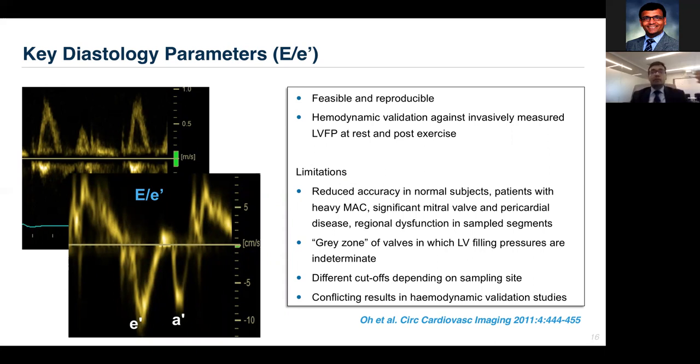And sometimes in certain phenotypes, particularly heart failure with preserved ejection fraction, there's not a good correlation between left atrial mean pressure and the E by E prime. And certain conditions like hypertrophic cardiomyopathy, where there may be reduced correlation, have been found in the literature.